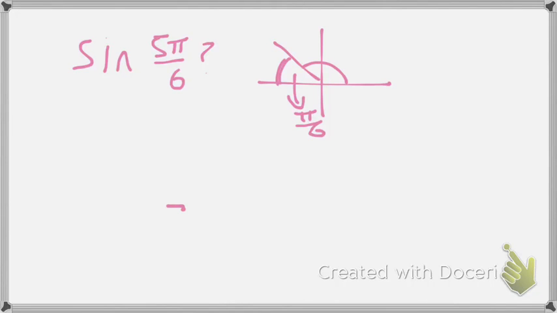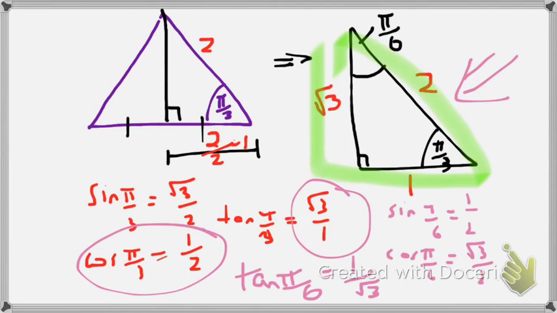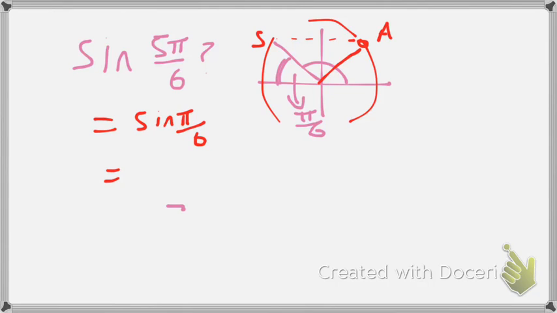I then move that over to the first quadrant, and the idea is that they then have the same y-coordinate, on a unit circle I've drawn here, I just haven't actually drawn it. It's all stations, so sine, because it's a y-coordinate, is positive. So it's exactly the same as sine pi over 6. Scroll back to my exact ratios, sine pi over 6 is a half. So it's exactly a half.